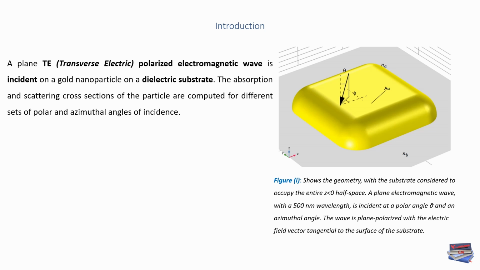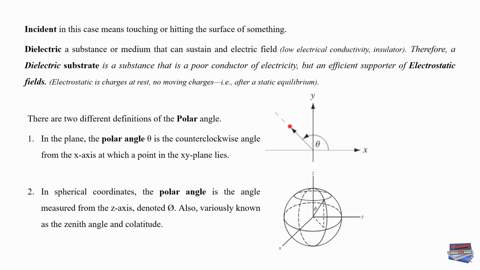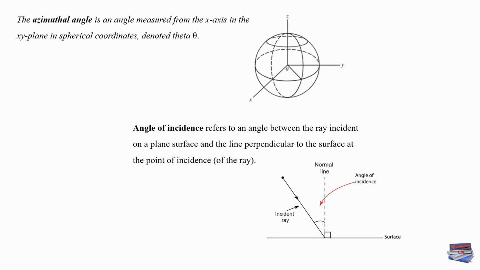And here we have some definitions for polarization, transverse electric polarized electromagnetic wave, and also for incident, dielectric substrate, and electrostatic fields, also polar angles, azimuthal angles, angle of incidence.